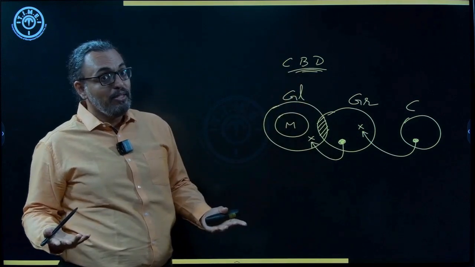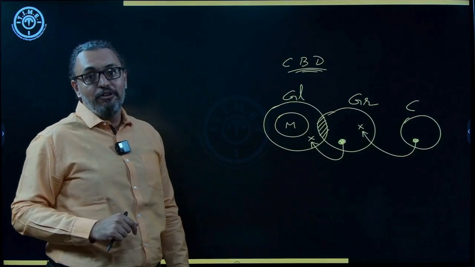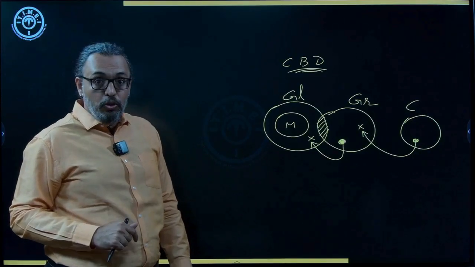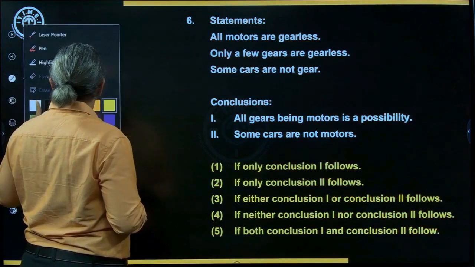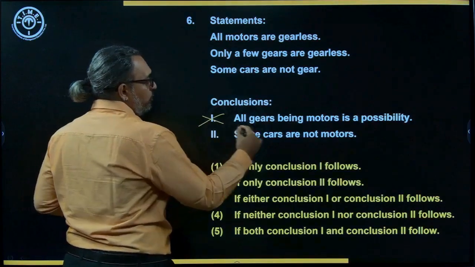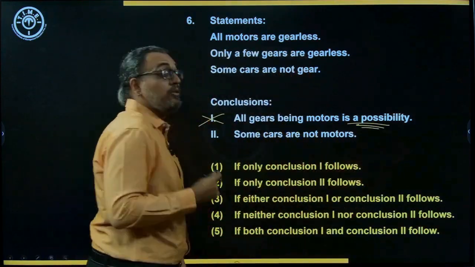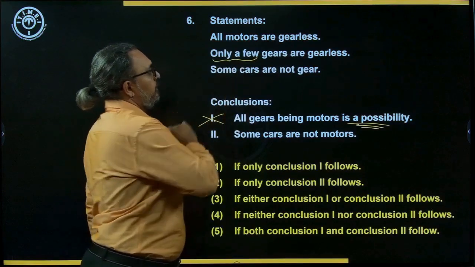Is it allowed? It is not allowed. See, this indication helps you every time. So I know for a fact that it is not going to be possible. So one does not follow, because it says it is possible and we know it is not going to be possible because of this statement.